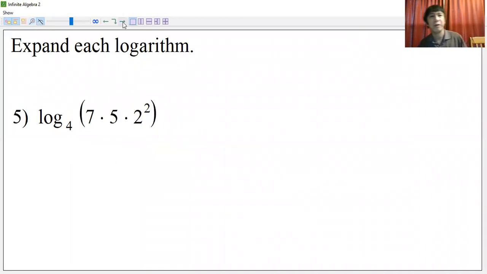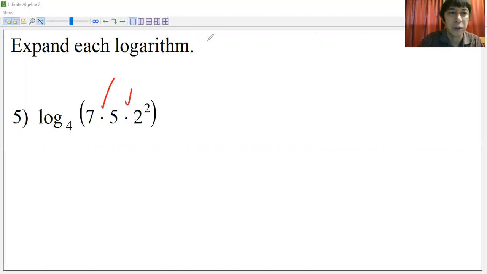Here's number 5. Logarithm of the expression 7 times 5 times 2 squared, base 4. So the dots that you see there are supposed to be products. Those dots mean multiplying. So we can use the formula for a product that will include addition of logarithms.